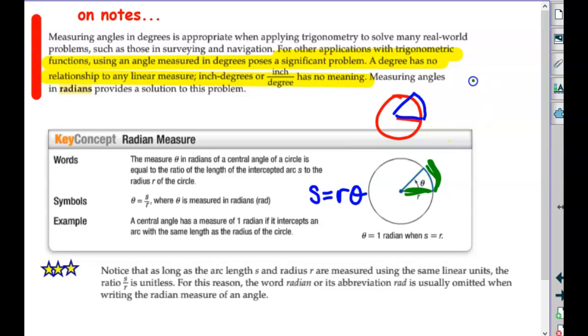Okay? So the arc length would equal the radius if theta was 1 radian. Well, the formula therefore is derived that S equals R times theta, and you will have that formula on a reference sheet.